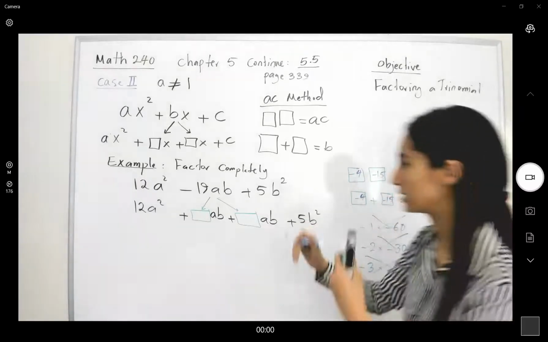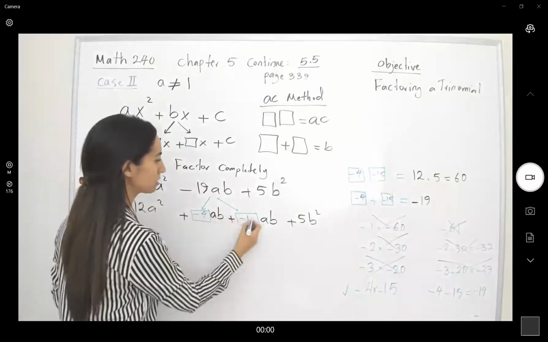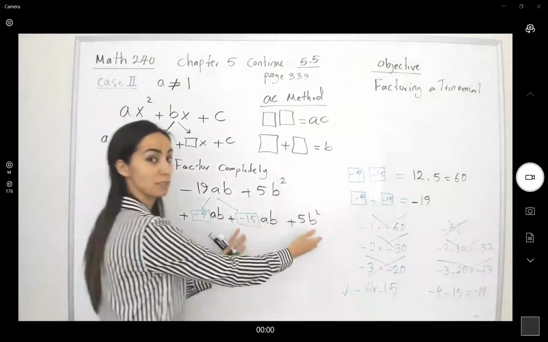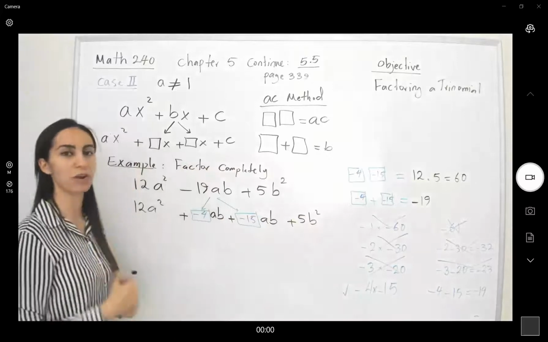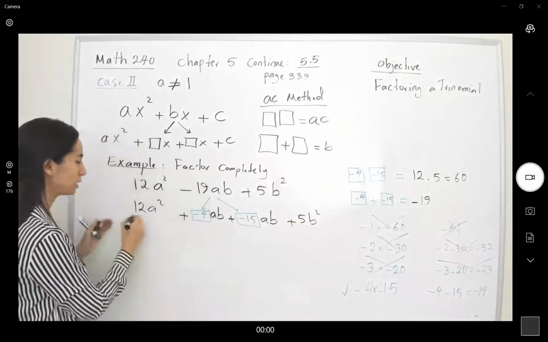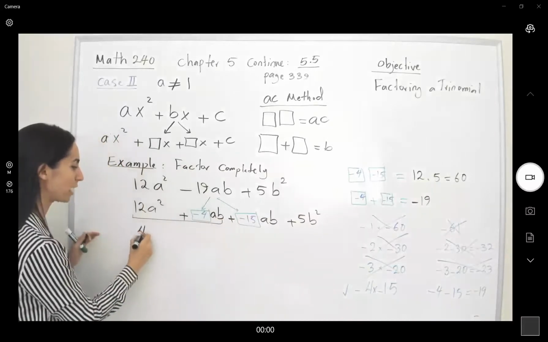So let us get back here. Negative 4 minus 15. So I have 4 addends. I'm going to group them 2 by 2, try to find the greatest common factor, and move on to the next step. Between these two, the greatest common factor is 4a.